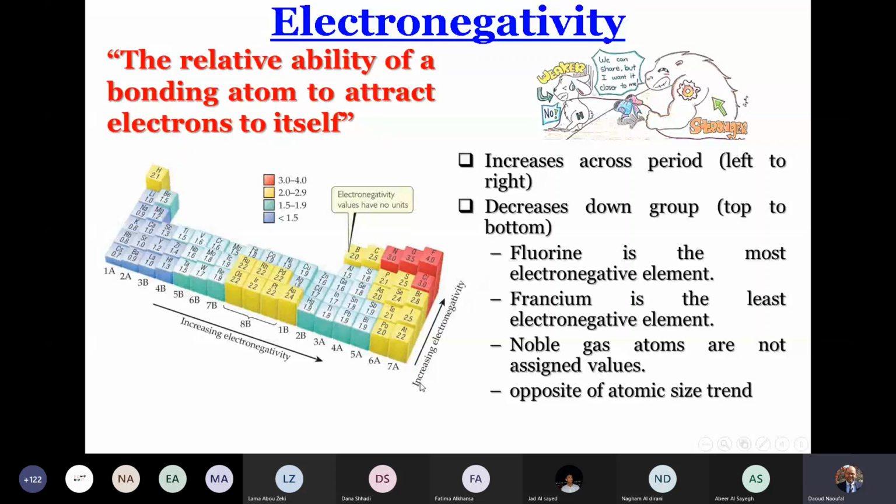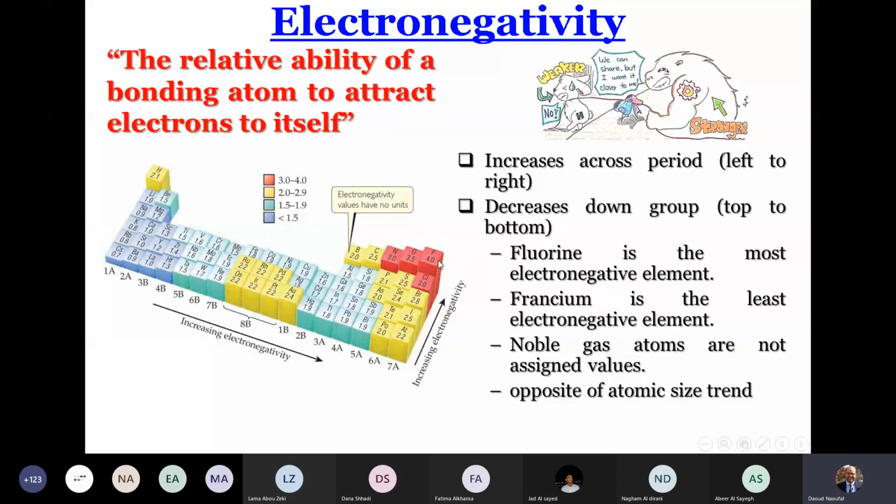So it increases in the same way as, for example, the ionization energy, and in the opposite direction of the radius. It increases across a period from left to right. It decreases down a group from top to bottom, or it increases from down to up.